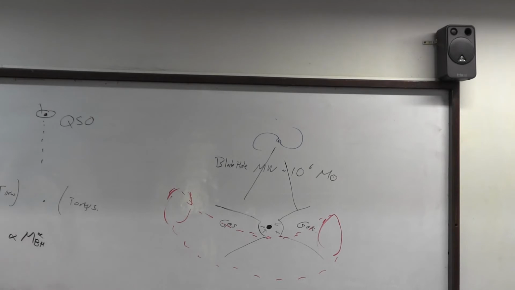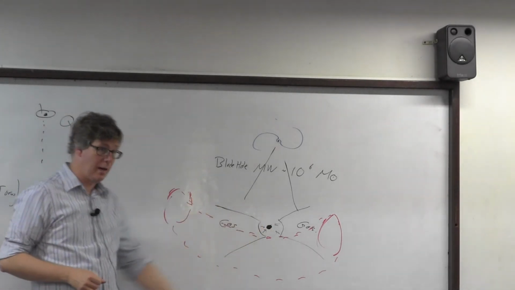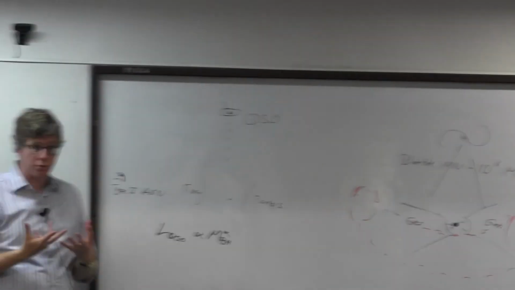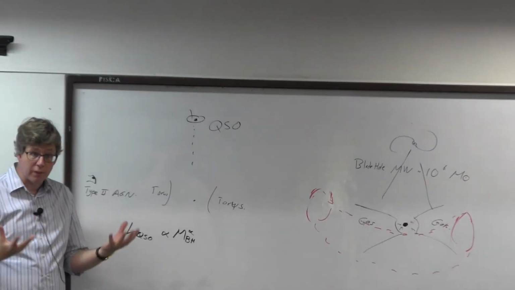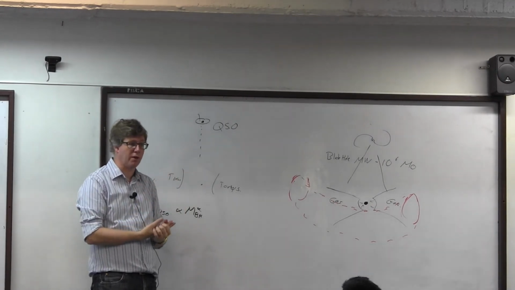Early on in the universe, the reason why we see quasars really far away is because there was a lot of gas around a lot of galaxies, and they all seem to have formed black holes very quickly. So they grow very quickly. It's not clear why these black holes grow so quickly. We don't really know, but they must have grown very, very fast.